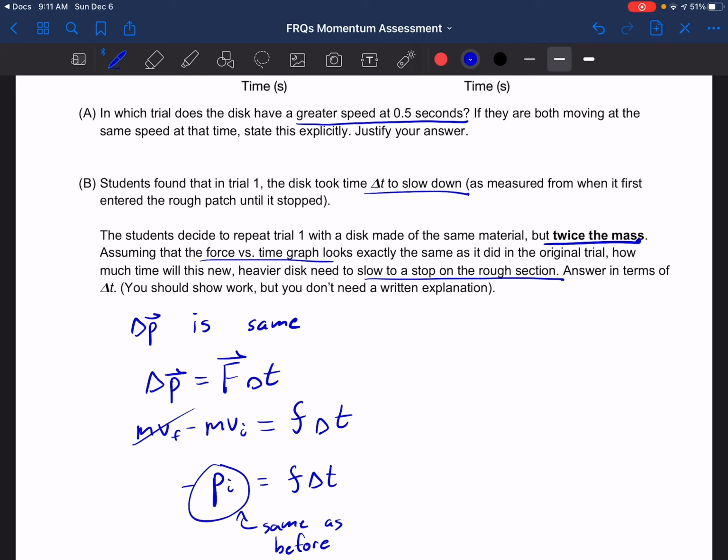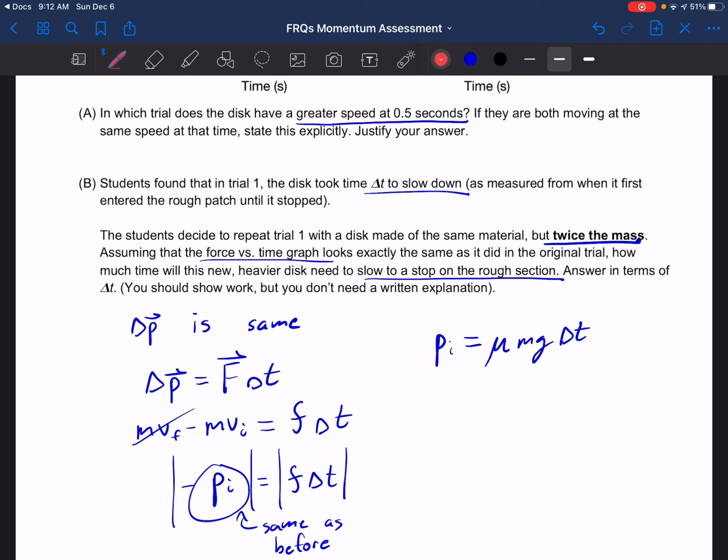So what that means is, in this new scenario, if we take F delta t and fill in some of the variables, and I'm just going to look at the magnitudes of these, the magnitude of F delta t will be mu times normal force, which is mg, times delta t.